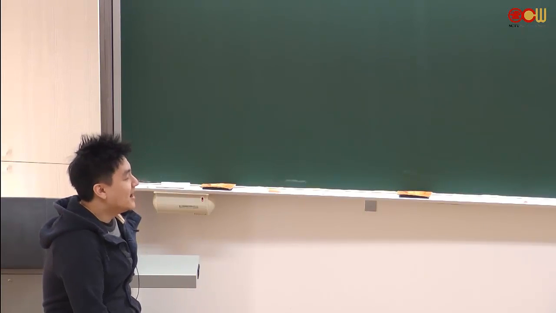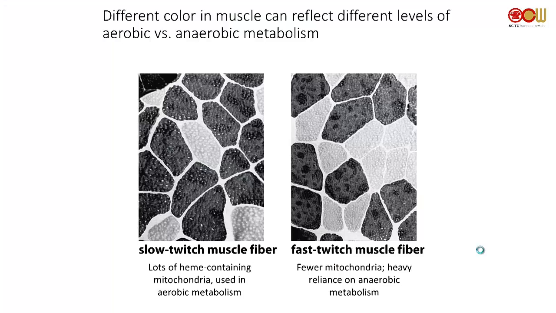This is because if you take a slice of your muscle and look at the distribution of the muscle cells, you'll see that here on the left side, this is slow twitch muscle fiber. It has a lot of red. Obviously the picture is black and white, but I'm going to tell you this is red and this is white.